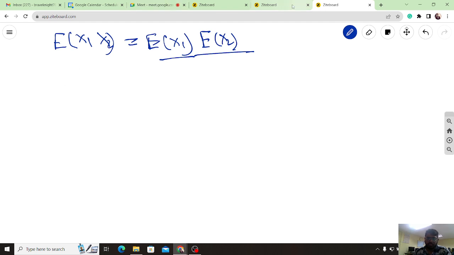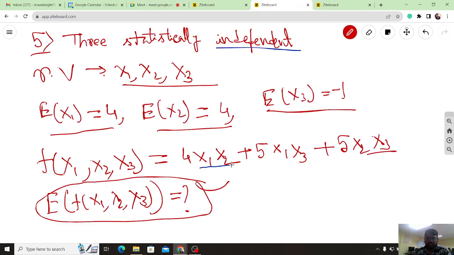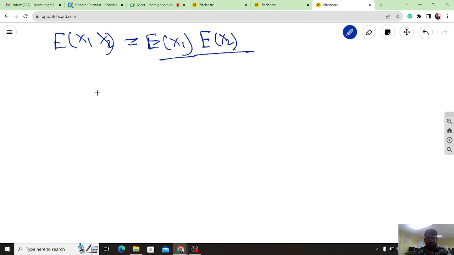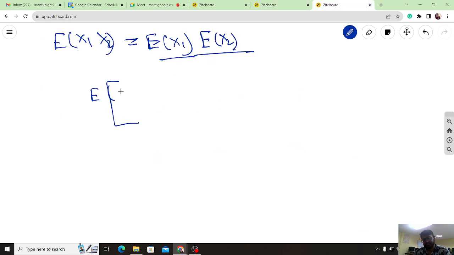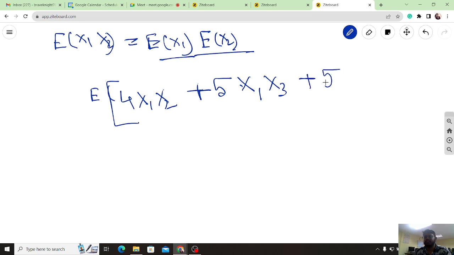First write the whole equation: 4x1x2 plus 5x1x3 plus 5x2x3. First, expectation is a linear operator.